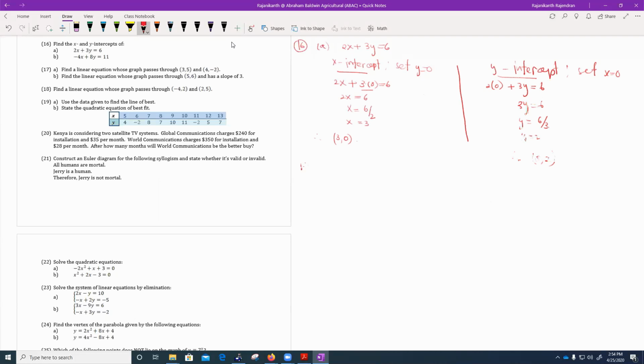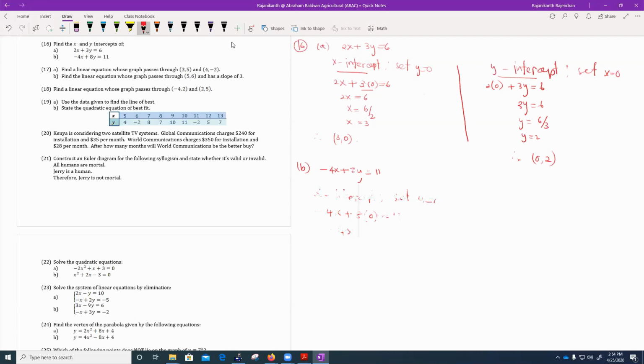Now for part B, the given equation is negative 4x plus 8y is 11. Let us first find the x-intercept. Set y to 0, so that is negative 4x plus 8 times 0, which is 0.